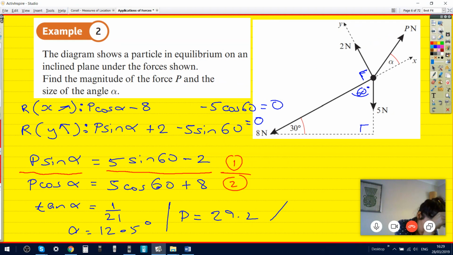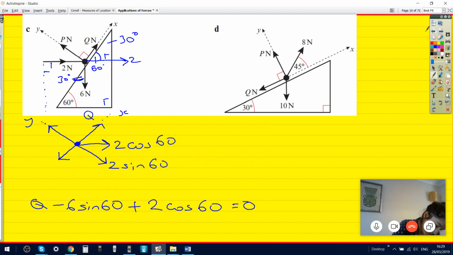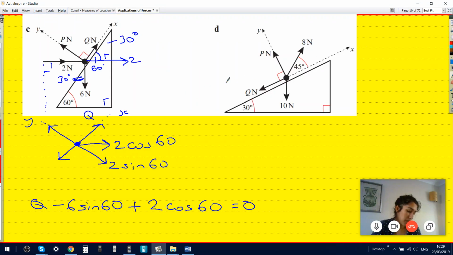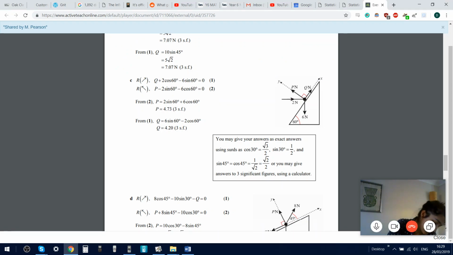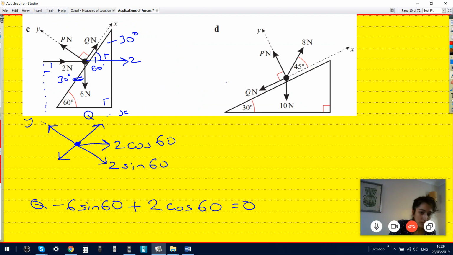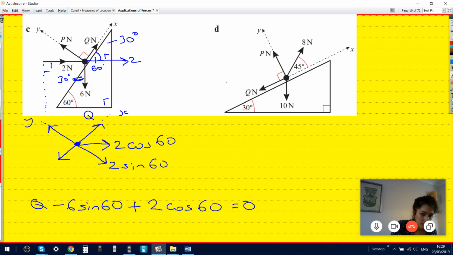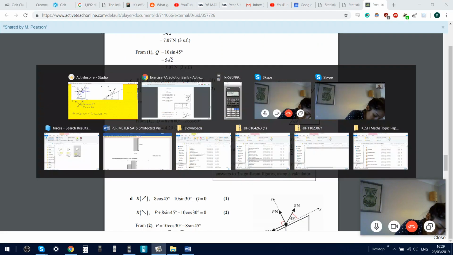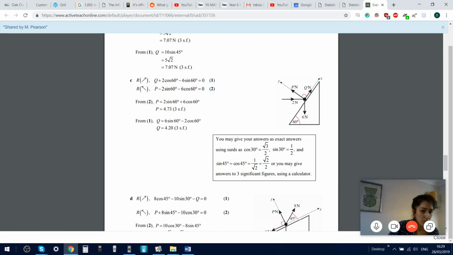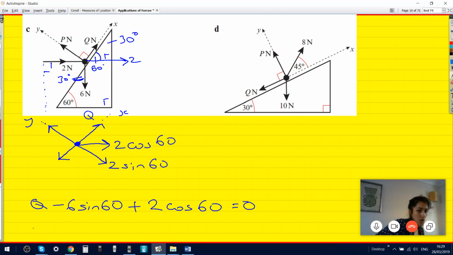Oh, it's Q plus 6 sine 60 minus 2 cos 60. No, we're not. The signs are different. We have them in the opposite order, but it's correct. They have it as Q plus 2 cos 60 minus 6 sine 60. We have it as Q minus 6 sine 60 plus 2 cos 60. So it's correct. So what was Q, sorry? 4.20? Oh, yeah. Oh, thank God.